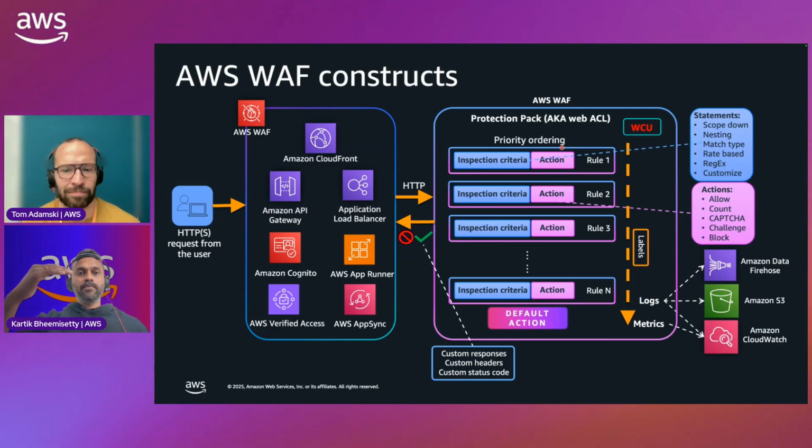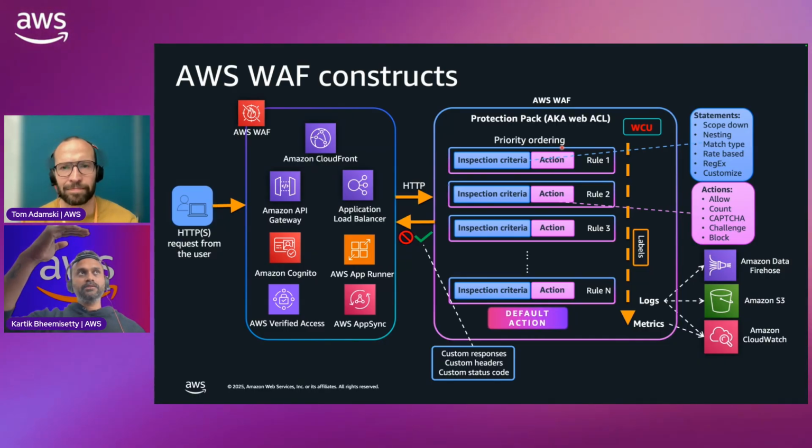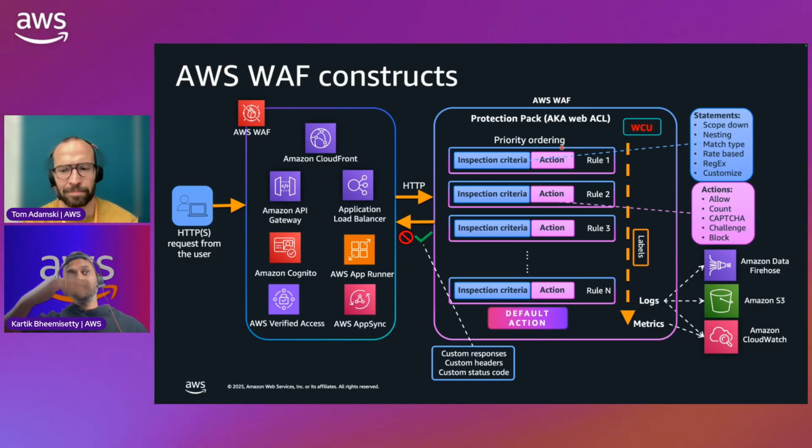So WAF does the inspection of your traffic against your rules based on the priority order you defined. It goes through the priority 0 rule. If there is a match, what action do you have? And if there's no match, it continues inspecting the rules. If there is no match on any of the rules for a particular request, it goes to the default action, where you either block or allow based on what you configure.